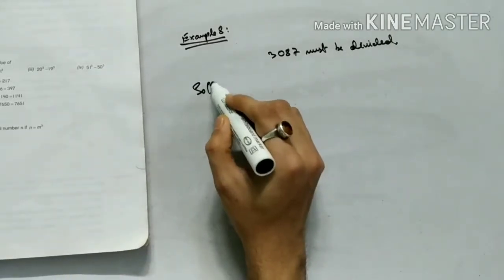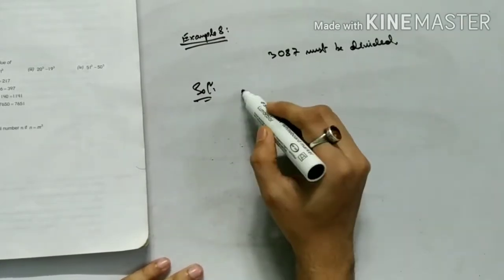So again, solution: I will take out the prime factorization of 3087.